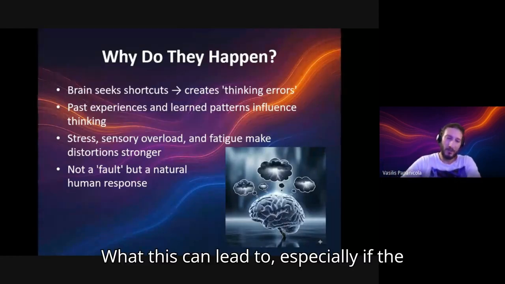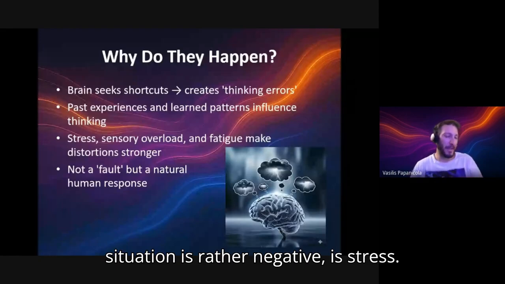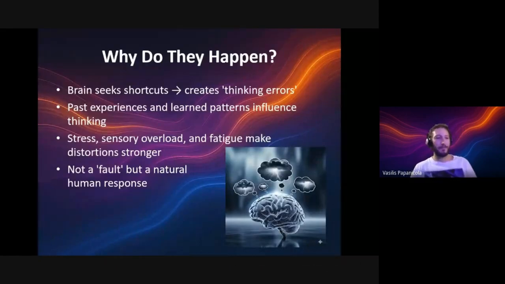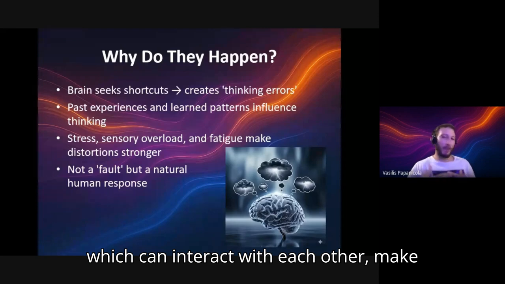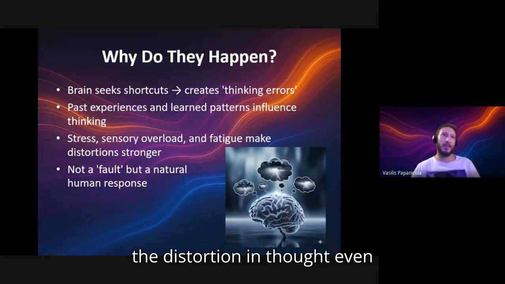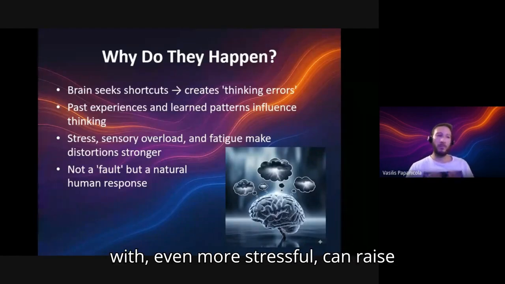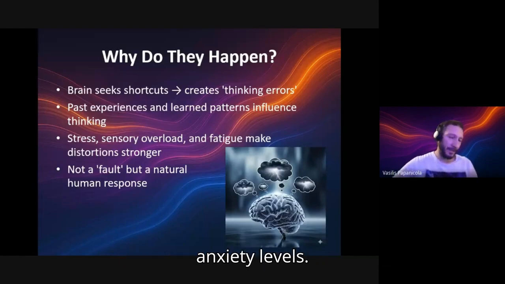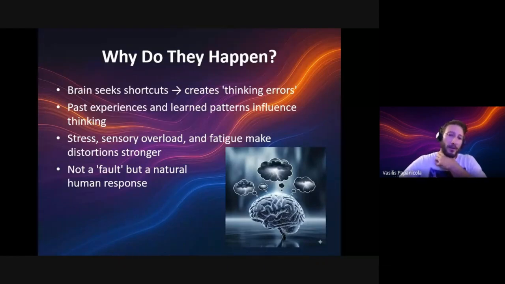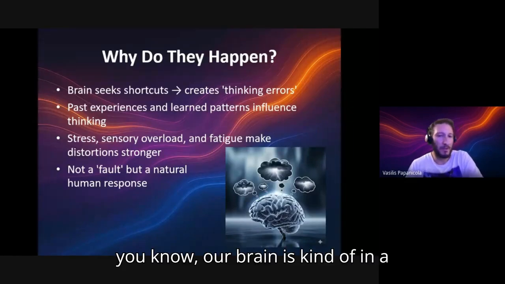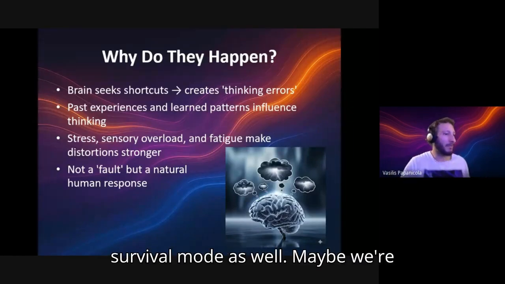What this can lead to, especially if the situation's rather negative, is stress, sensory overload, fatigue, which can interact with each other, make the distortion in thought even more strong, even more difficult to deal with, even more stressful, and raise anxiety levels. And it might be in situations where our brain is kind of in a survival mode as well.